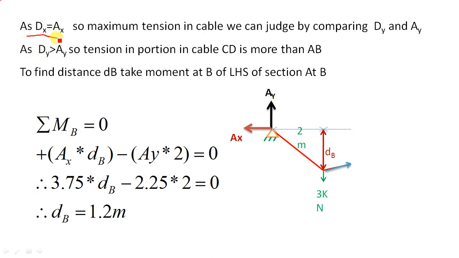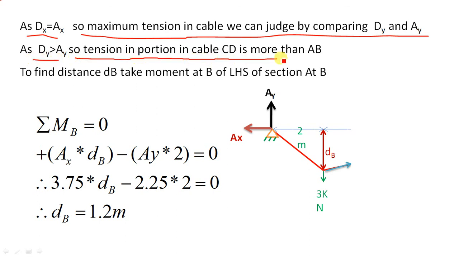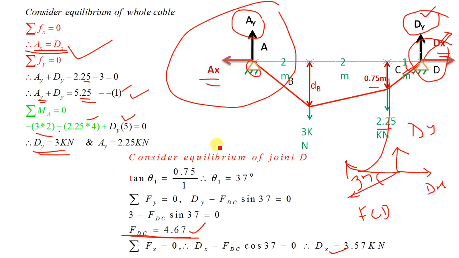As here I have written, dx is equal to ax, so the maximum tension in the cable can be judged by comparing ay and dy. As dy is greater than ay, the tension in portion CD is more than AB, and that value we have already found out. What is that value? 4.67. If you find the square root of dy squared plus dx squared, you will get the same value.